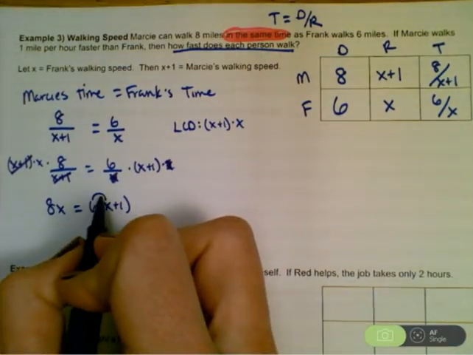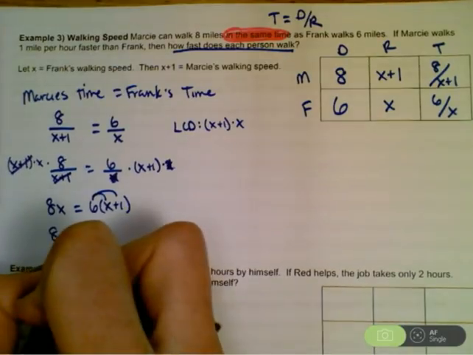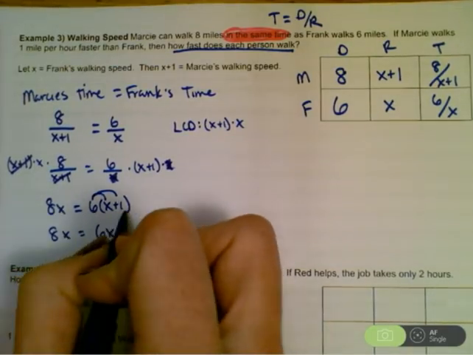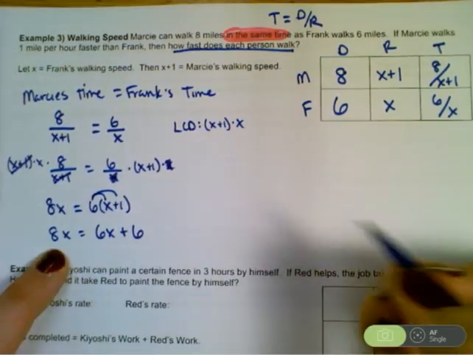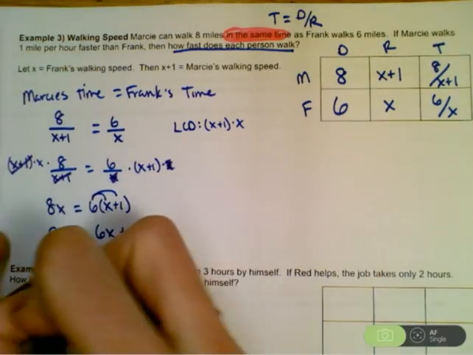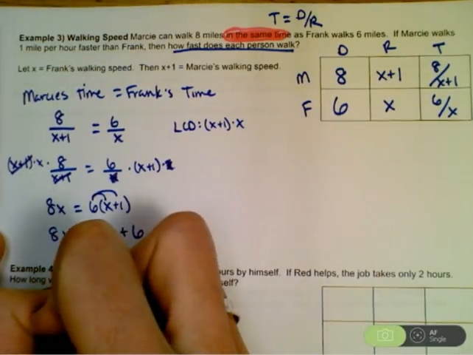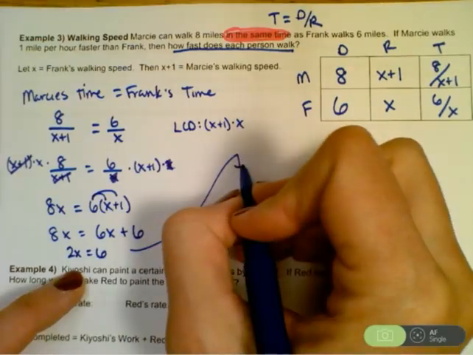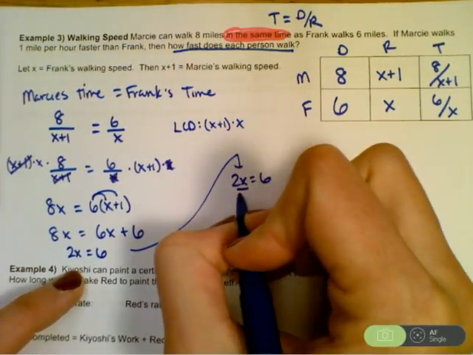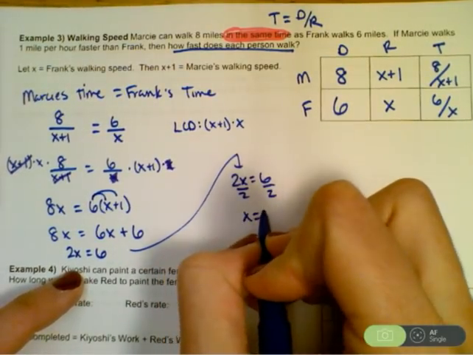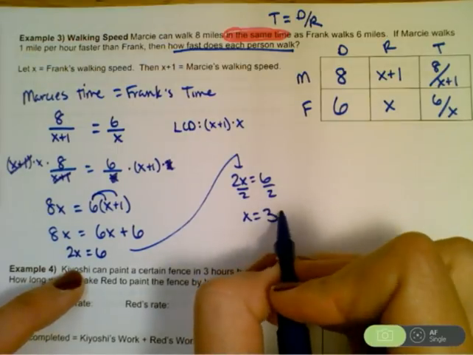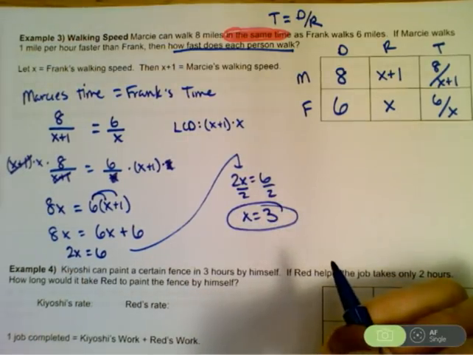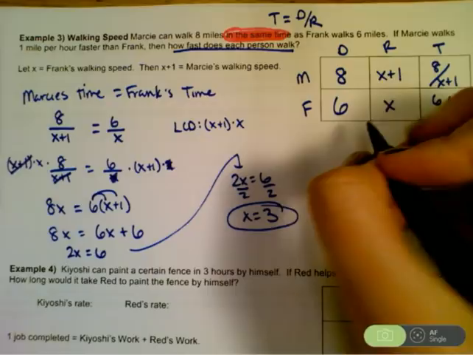Well, let's distribute. 8x equals 6x plus 6 times 1 is 6. So subtract 6x on both sides. 2x equals 6, and we divide by 2. X is equal to 3. So if x equals 3, remember x is Frank's speed.